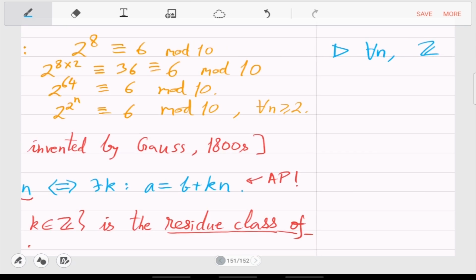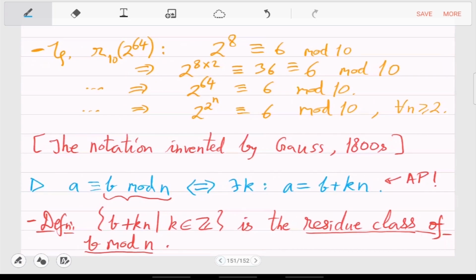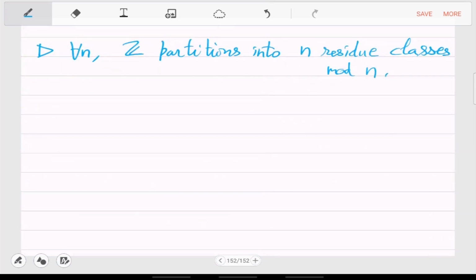So instead of looking at this set, which is an infinite set, we'll just call it B, right? B is the representative. We'll just take this small number B as the thing of interest in calculations.